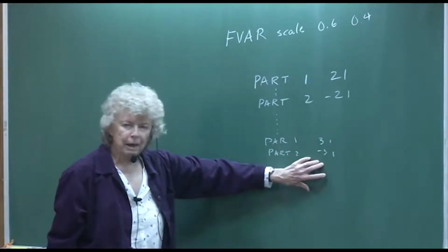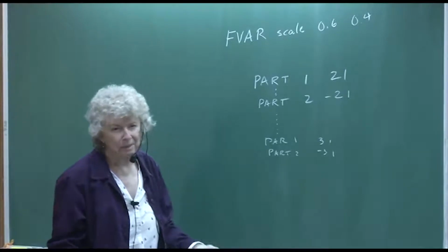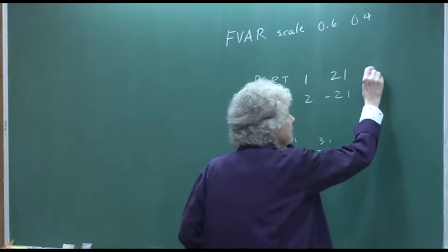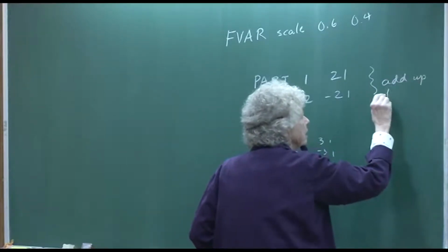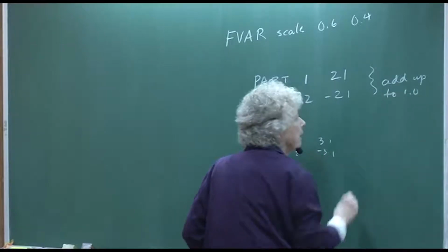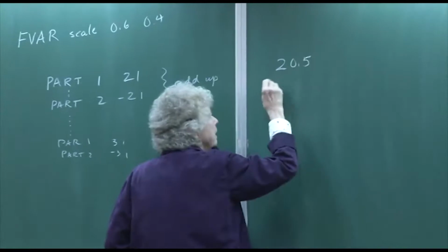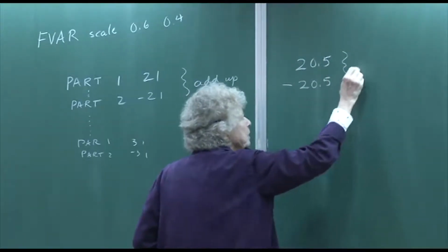If you don't want them to add up to 1, but you want them to add up to something else, like a half would be typical, then instead of 21 and minus 21, which add up to 1, if you use 20.5 and minus 20.5, those are going to add up to a half.